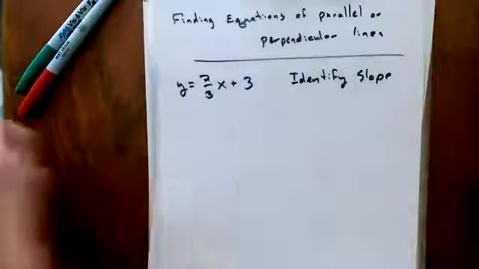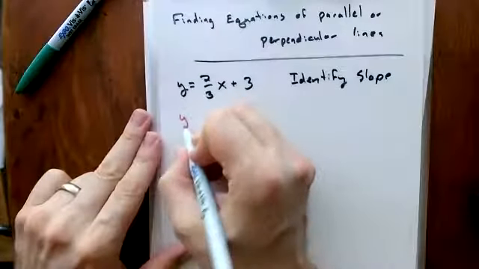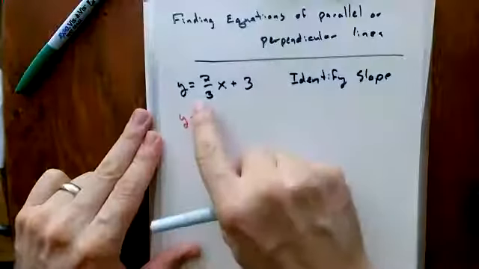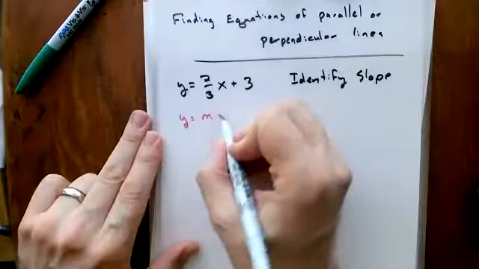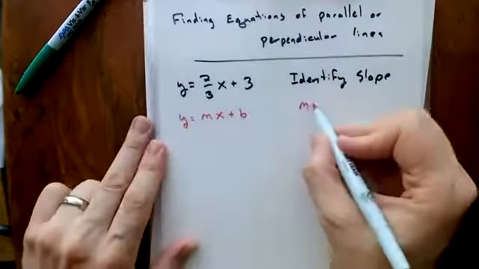And if I've got something in this slope-intercept format, y is equal to mx plus b, then m is our slope.